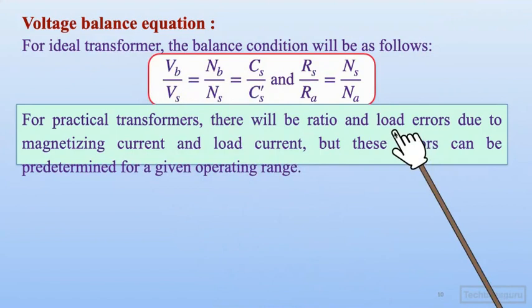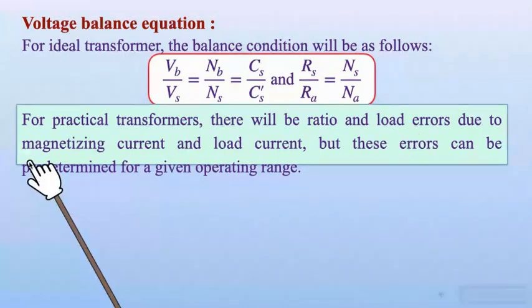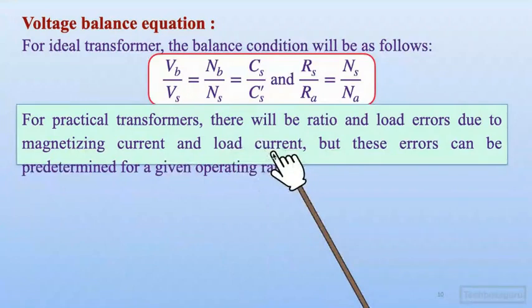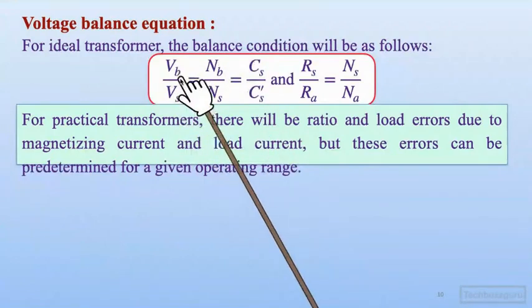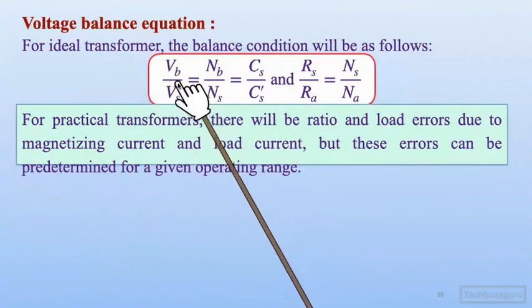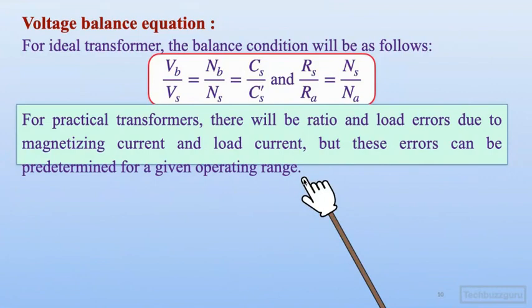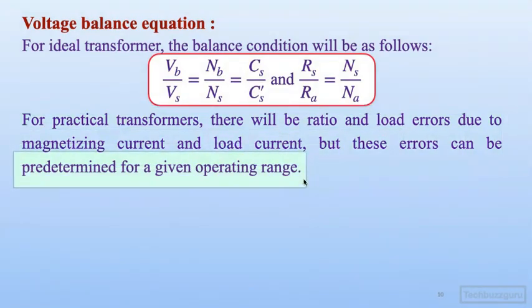In that case, the load error will exist, due mainly to the magnetizing and the load current. Due to the loading of the transformer, there is a voltage drop inside the transformer winding, but that can be determined by knowing the operating conditions. If we know how much current our sample is going to draw, we can compensate for it. So that is the voltage balance equation.